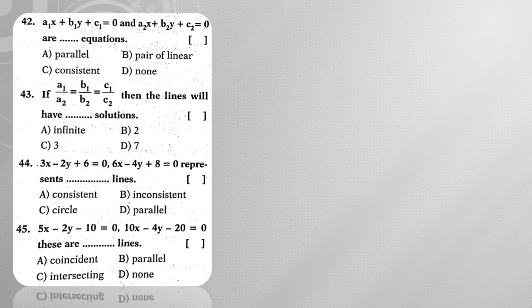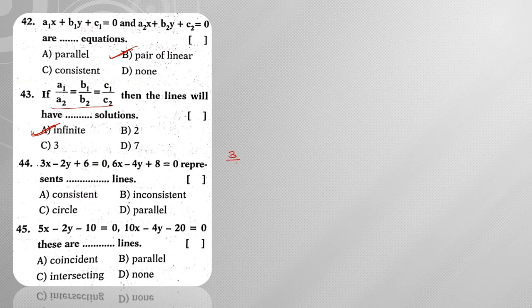Next, a1x + b1y + c1 = 0 and a2x + b2y + c2 = 0 are pair of linear equations, right? Next, if this condition is given, then it has infinite number of solutions. Next, 3x - 2y + 6 = 0, 6x - 4y + 8 = 0 represents dash lines.